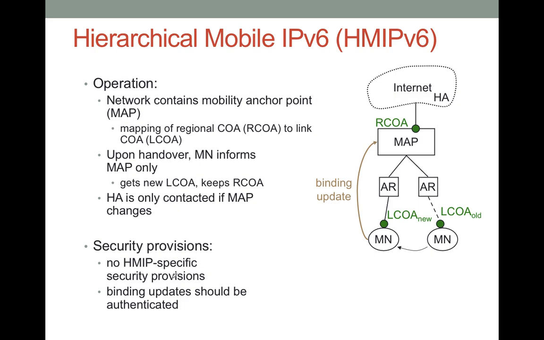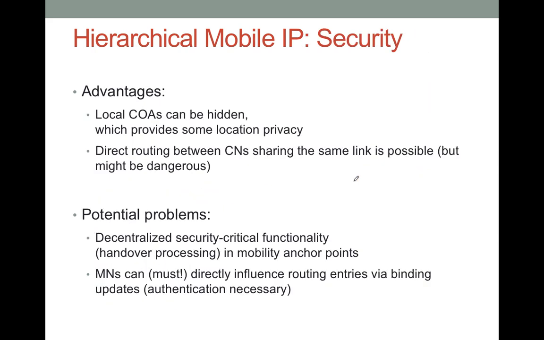Security provision: no hierarchical mobile IP security provision is specified. Binding updates should be authenticated. So based on the binding, this is considered as a security point for HMIP. The security advantage of HMIP is that the local care-of address can be hidden, which provides some location privacy.